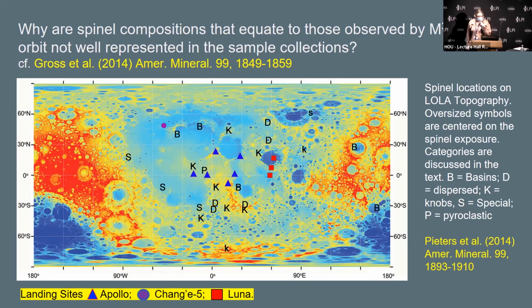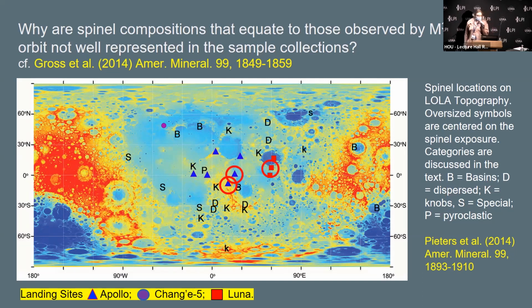Here is a topography map where the black letters represent remotely detected spinel localities. I've overlain triangles for Apollo landing sites, circles for Chang'e 5 landing sites, and squares for Luna landing sites. And here are the locations where we have seen Mg spinel in the record: Apollo 16, Apollo 11, and Luna 20.